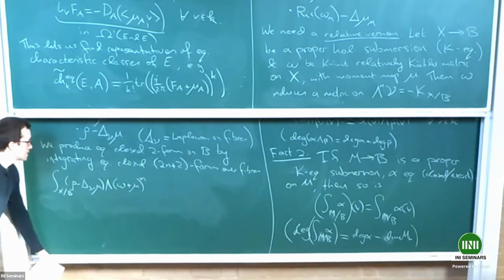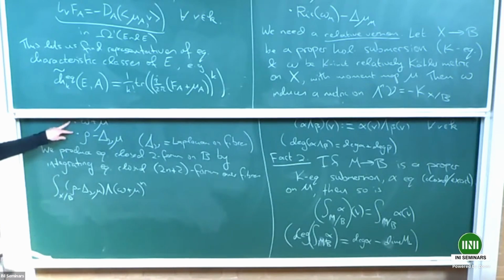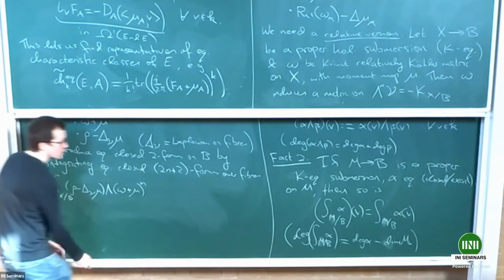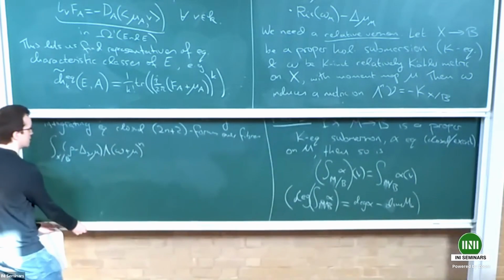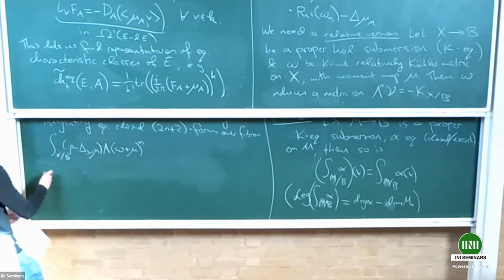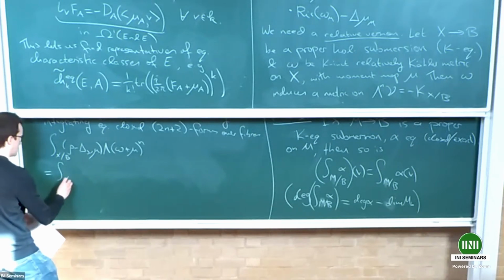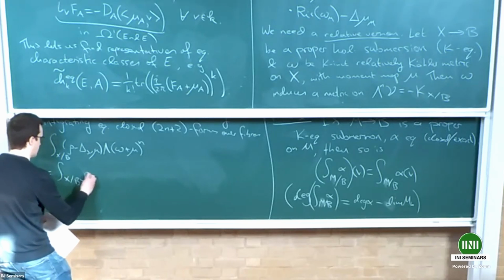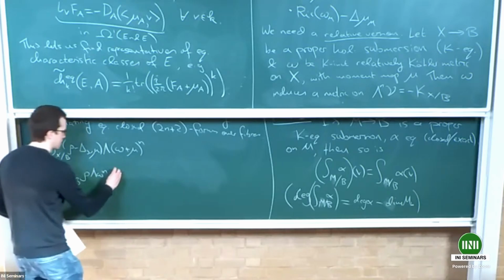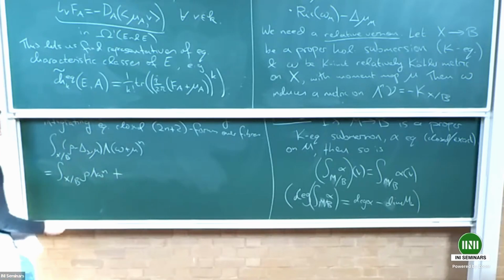So I'm just taking a combination of these two equivariantly closed 2 forms that I wrote down and integrating over the fibers. The result of this will have a 2 form part and a function part. So the 2 form part is rho wedge omega to the n. And then the rest will just be function parts.